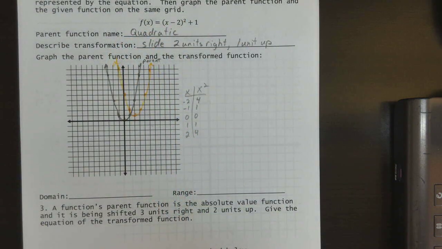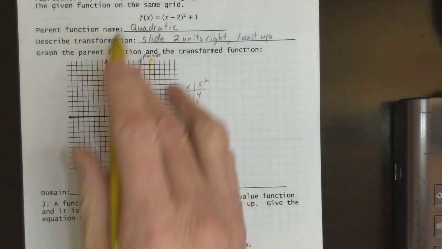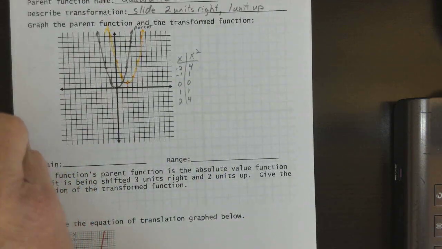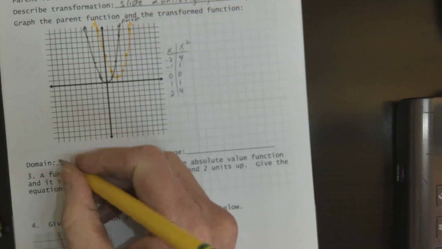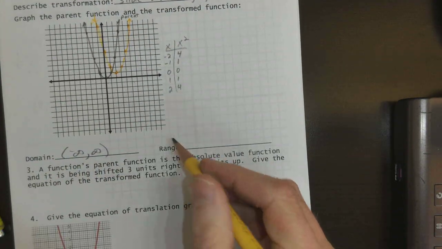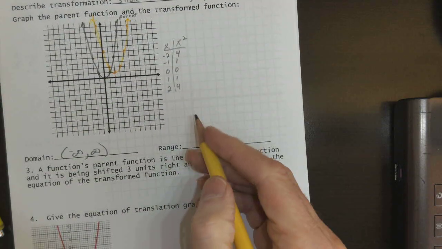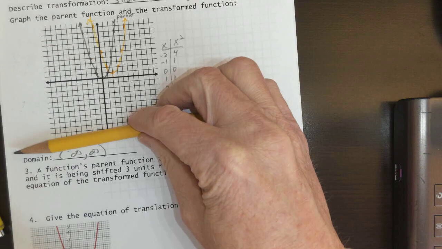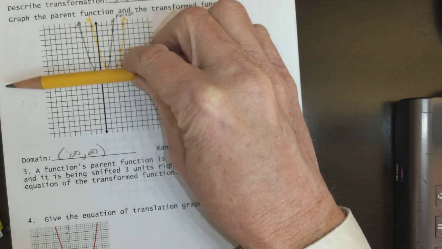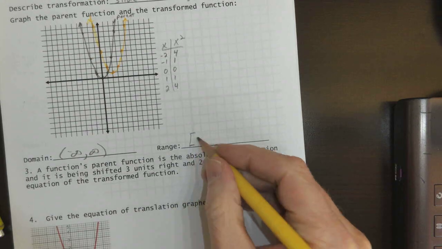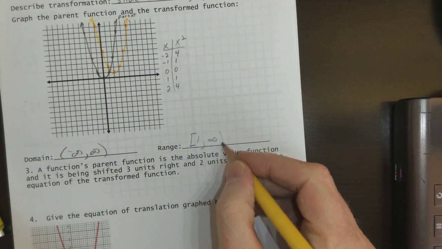Alright. Now, it said give the domain and the range somewhere. Well, here it's asking for it. So, the domain, negative infinity to infinity, and that's going to be the same on all these pretty much, guys. The range is up. We start at 1, and then it keeps going up after that.